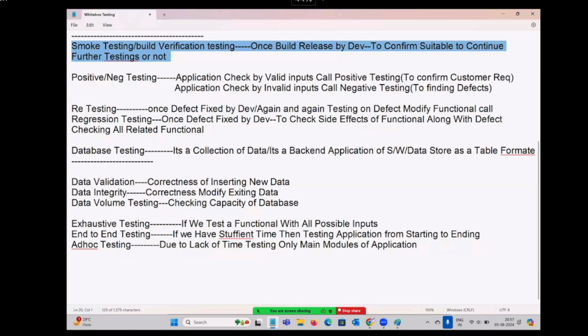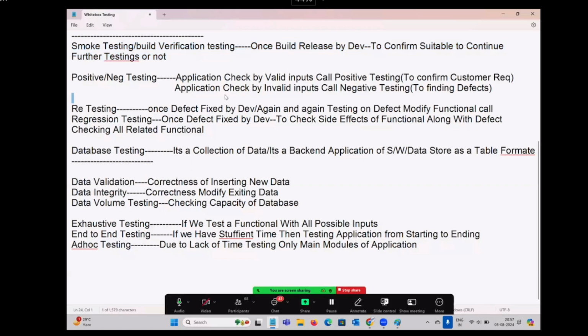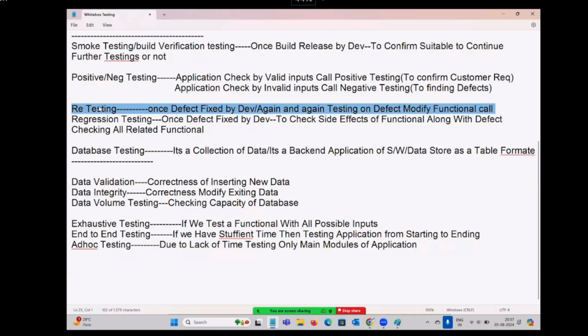So where can we find defects? In negative testing only. After a defect is fixed, testing the modified functionality again and again is called retesting. To check side effects of the functionality, along with the defect, checking all related functionalities is called regression.